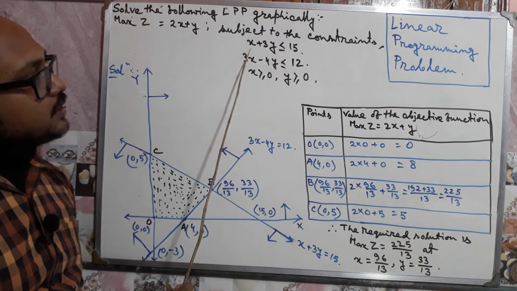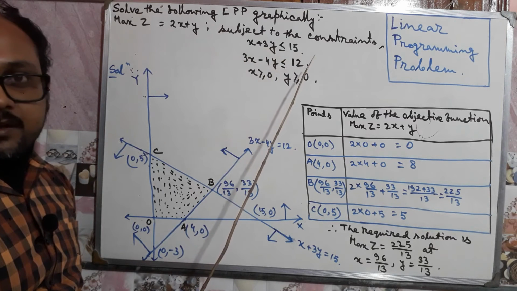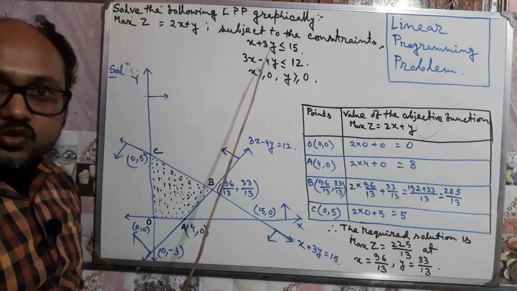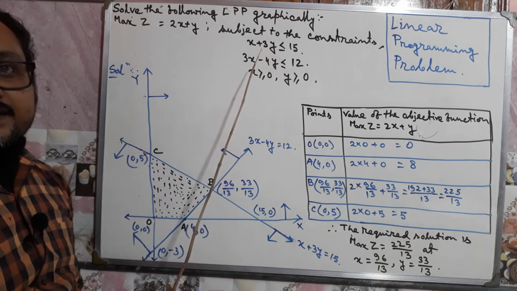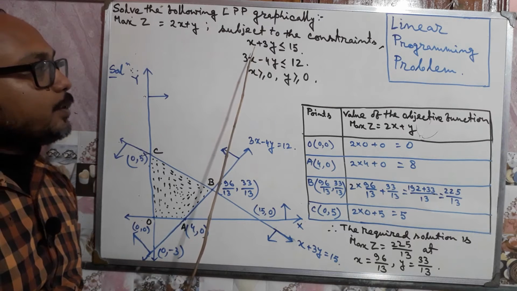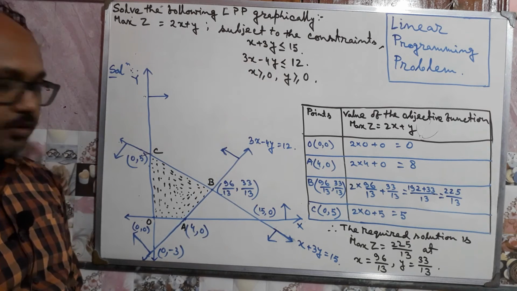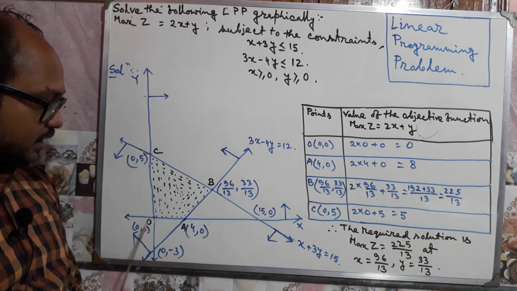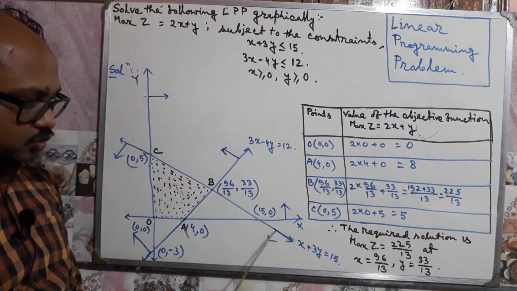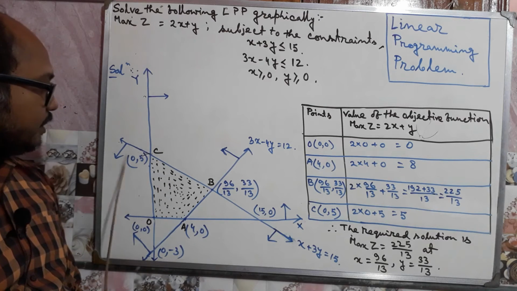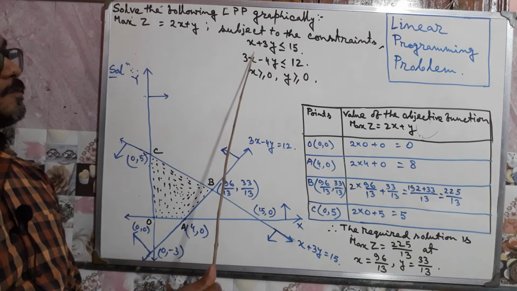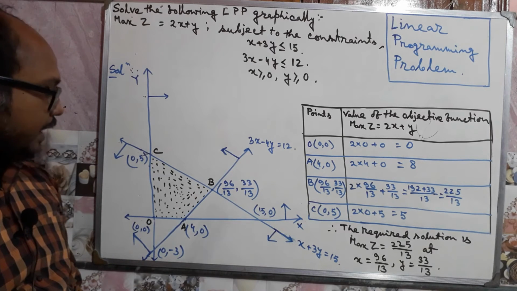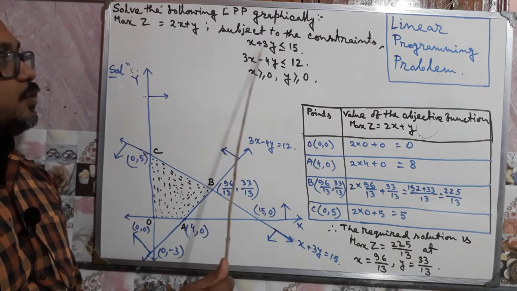So 0 is less than or equal to 15, no problem in it, so it is satisfied. That means the portion in which the origin lies is indicated by this inequation. So you see in this line, the origin lies in this lower part. So this lower part will be indicated by this inequation. That's why we gave two arrows to indicate this portion.